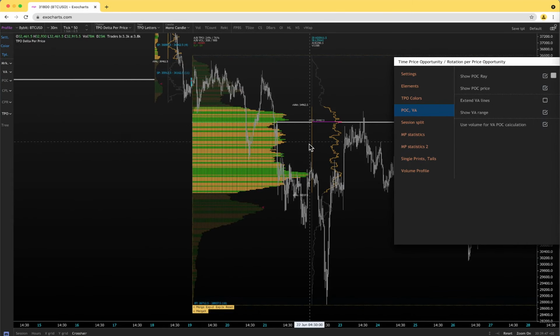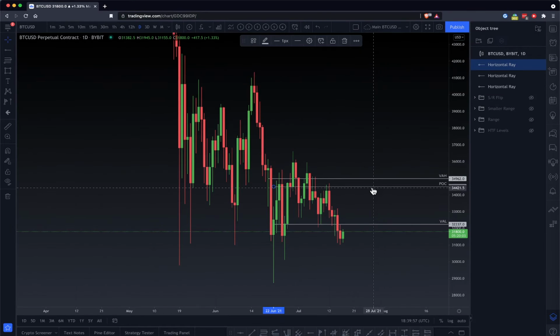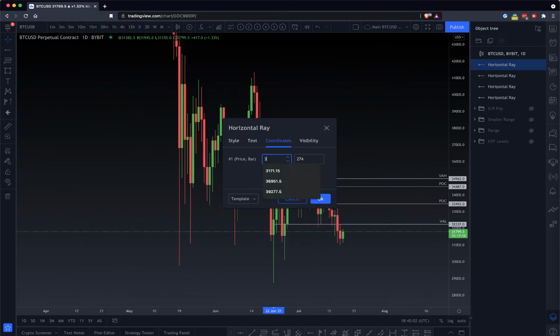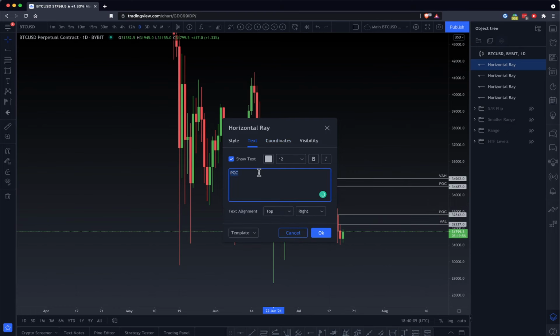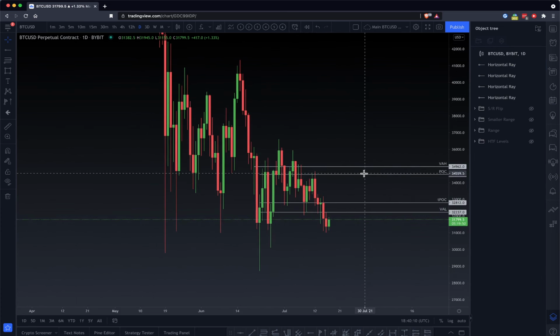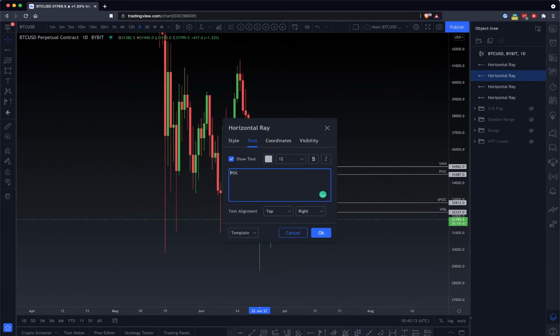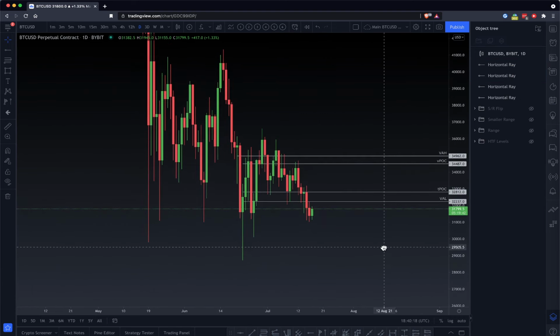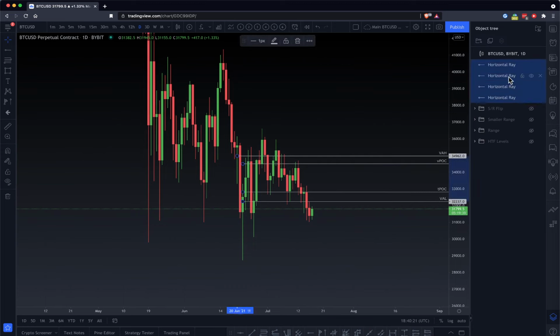Very close to it. And we have the POC point of control.